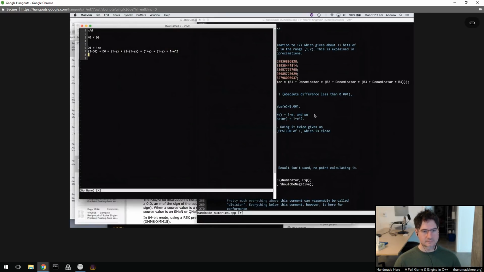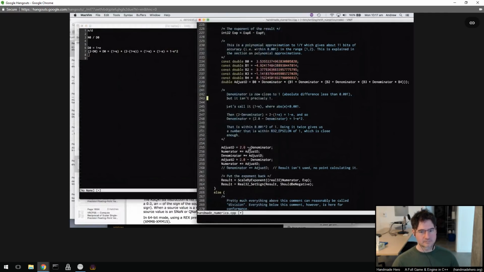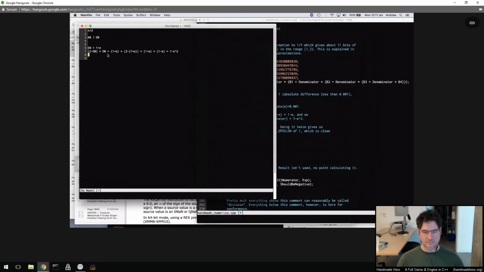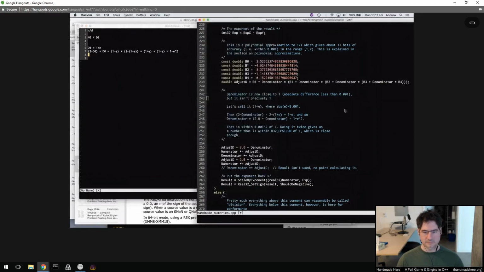If we do this twice, and this is what we're doing here, we multiply both the numerator and the denominator by 2 minus the denominator from the previous step. We get a number that's close enough to 1 that it's 1. And so that's how division works. You multiply both the numerator and the denominator by 2 minus the denominator twice.